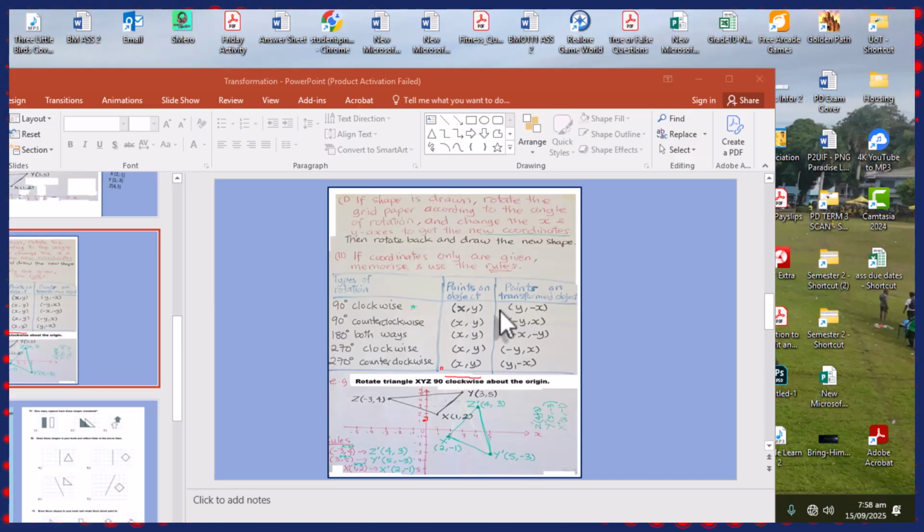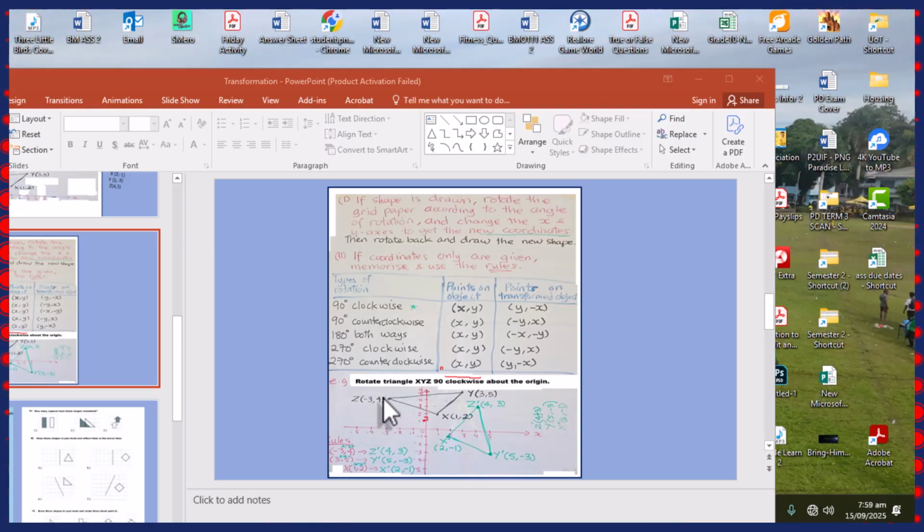So this will be our rule. The original x and y coordinates will now switch, and the x, which became the y, will change its sign also. So let's see, point Z here has the coordinates -3, 4 on the original object.